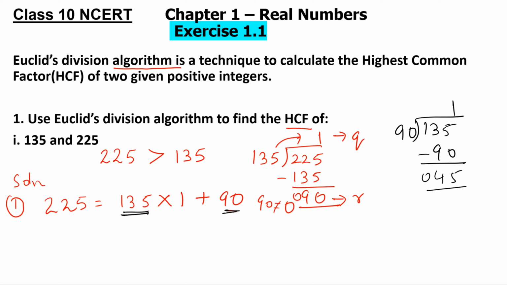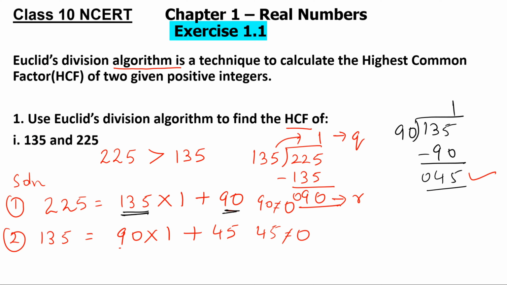Now we can write this as 135 equals 90 times 1, that is divisor times quotient, plus remainder, which is 45 in this case. Still we got 45, which is not equal to 0. So we repeat the same step using a new dividend and new divisor.